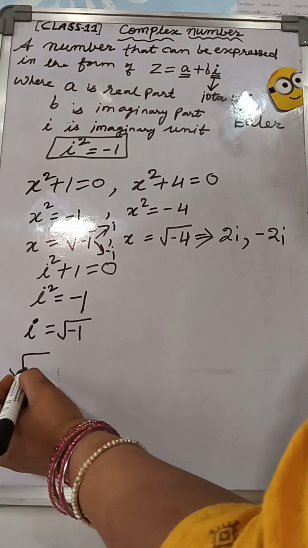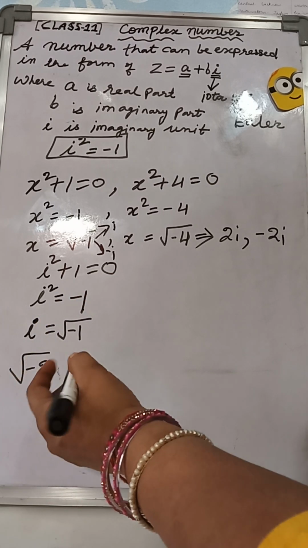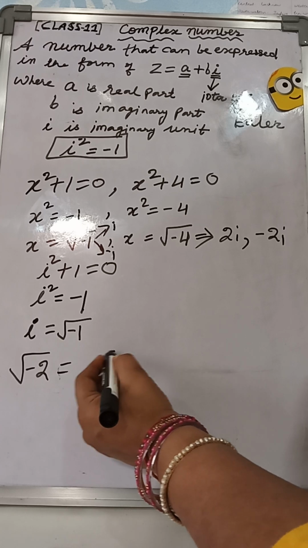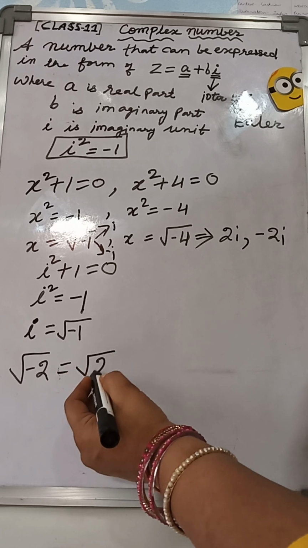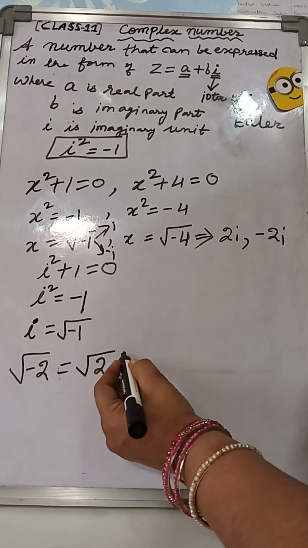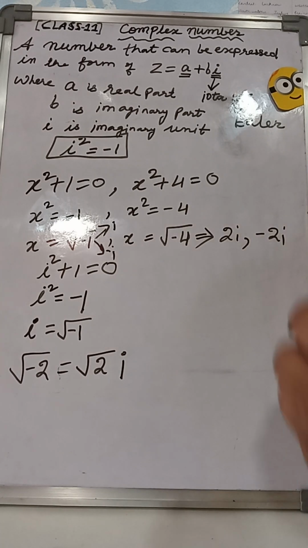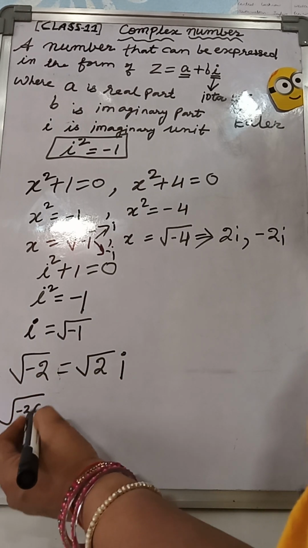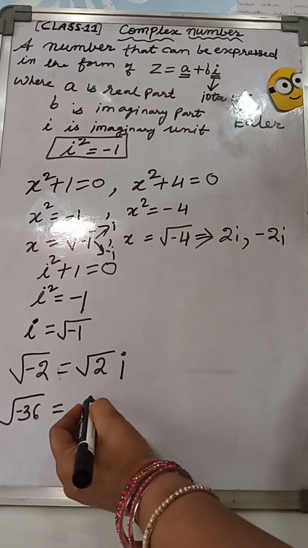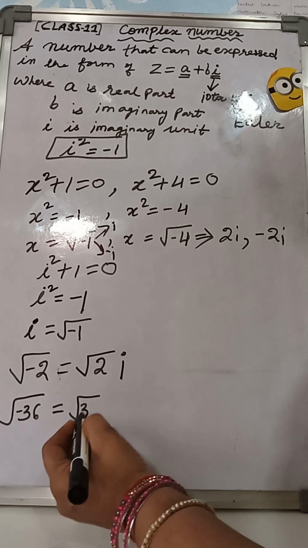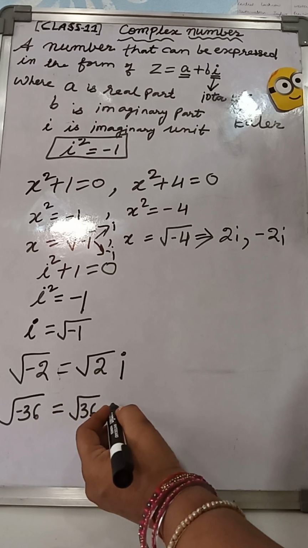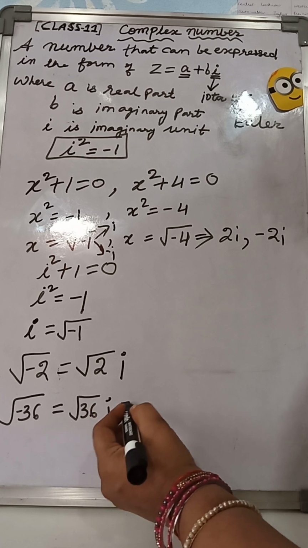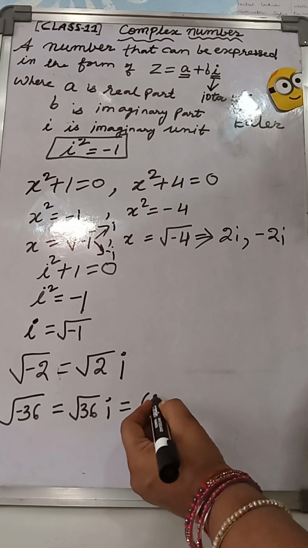See, if root 2 is there, we can write like that, root 2, and in place of negative minus, iota is there. If minus 36 is there, we can write root 36 iota, or 36 is 6 iota.